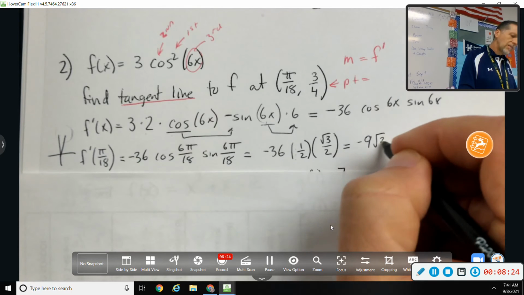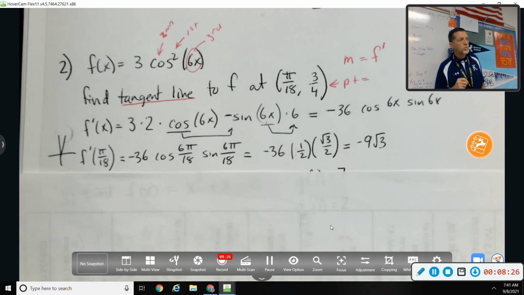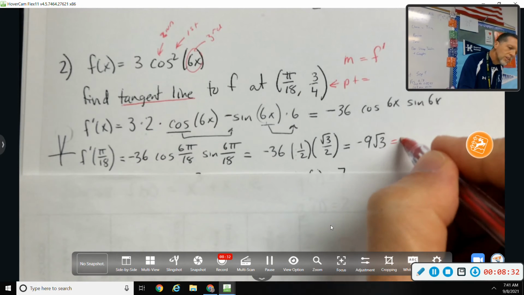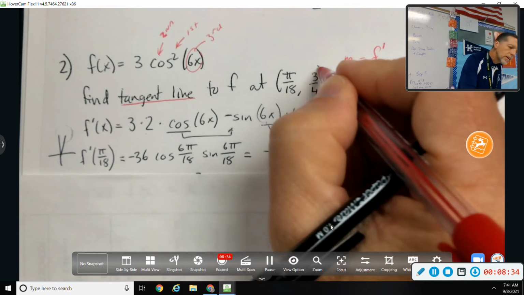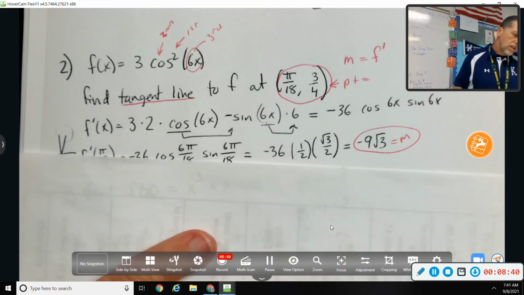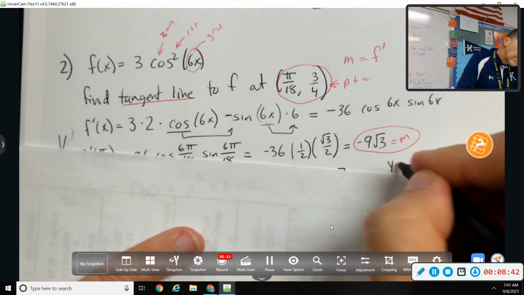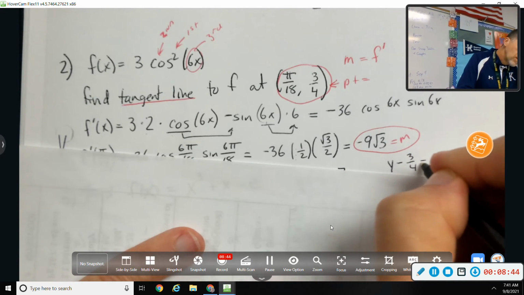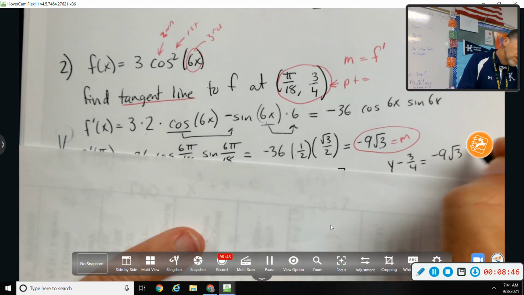So negative 9 root 3 is our slope. So I've got a slope, I've got a point. Now it's an algebra 1 question. y minus 3/4 equals negative 9 root 3 times x minus pi over 18.